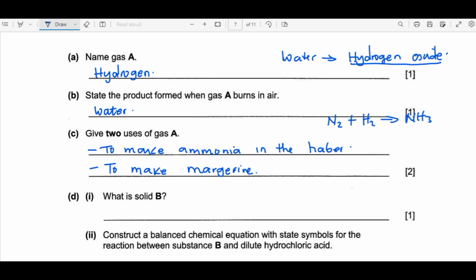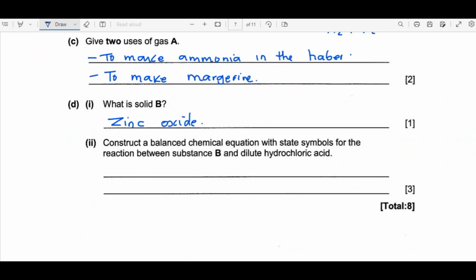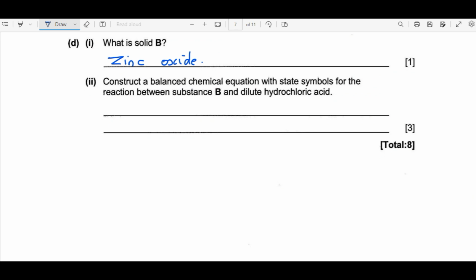Then D1, what is solid B? So solid B is zinc oxide. Then for question 2, construct a balanced chemical equation with state symbols for the reaction between substance B and dilute hydrochloric acid. So let's first begin with a word equation. We know that we are dealing with a metal oxide.